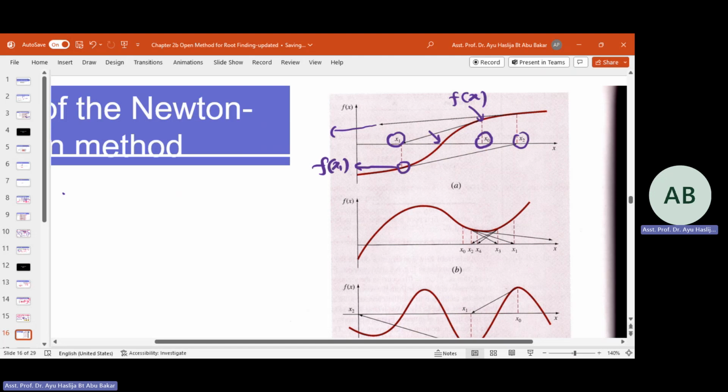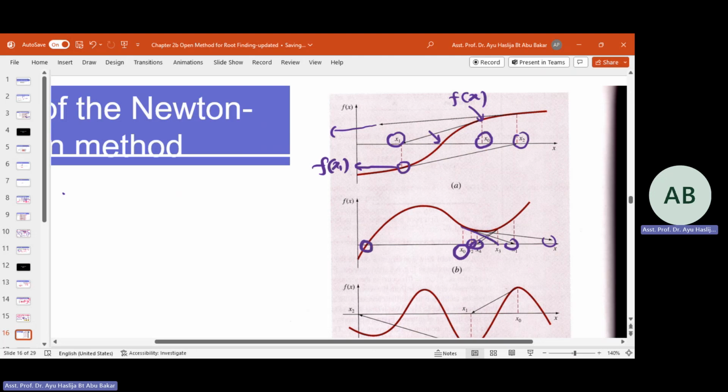In this case, certain types of function will bring out divergent trends. In this example, this is the starting point. The slope is pointing to this part. Sorry, this is the f(x). So you see the point moves randomly, not approaching the root over here.